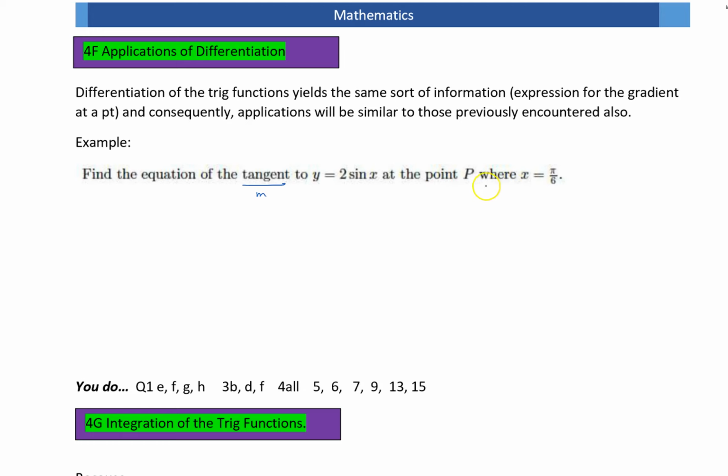However, all that we have for our point is our x value. So we've got a couple of things to do. We need to get not only an expression for the gradient, but we need to actually work out the gradient, and we need to get the coordinates, the full set of coordinates for the point. So that will involve the y value. I'll pause the video and do those calculations and come back and talk about them.